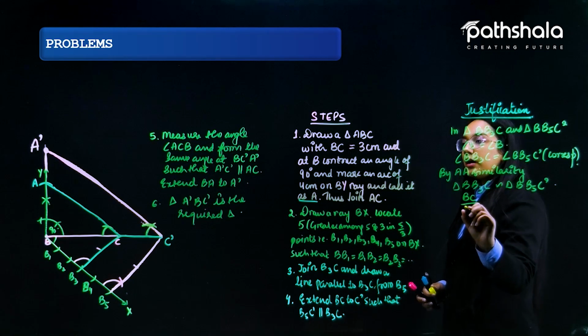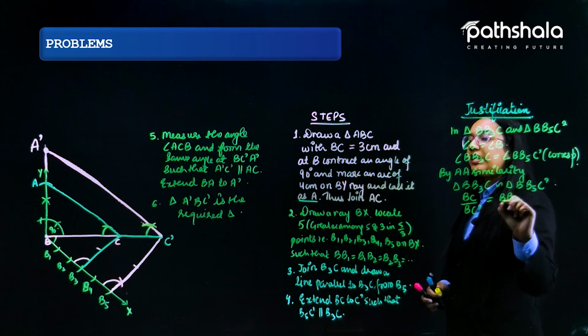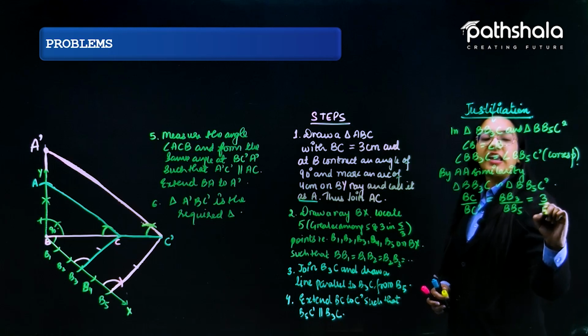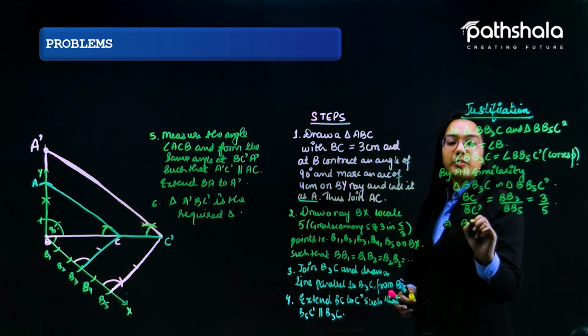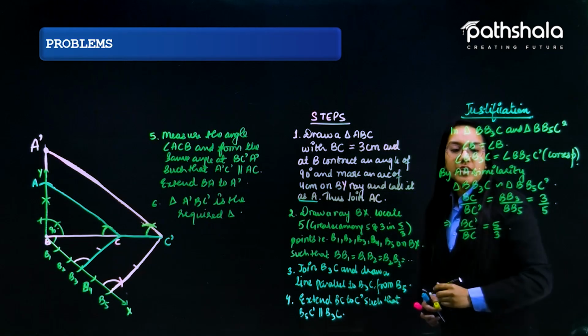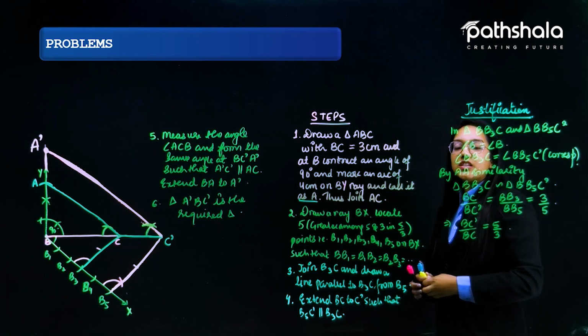Which means that BC by BC dash is equal to BB3 by BB5, which is 3 by 5. If I take the reciprocal of it, BC dash by BC is equal to 5 by 3. So as you can see, BC dash by BC comes out to be 5 by 3.